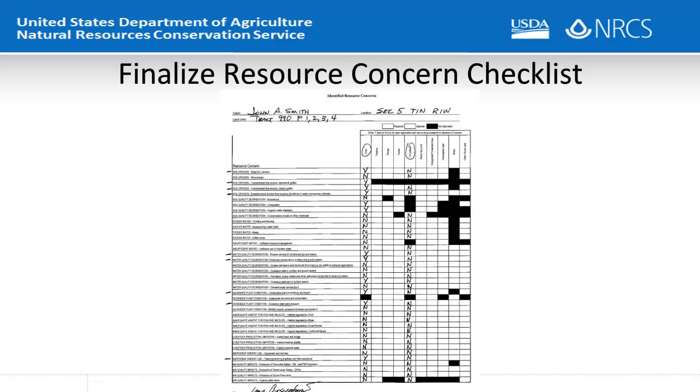We have not identified any resource concerns on the farmstead.